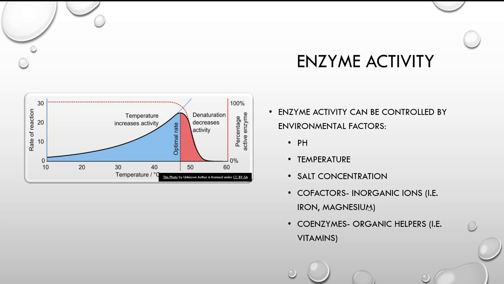An example of a cofactor is something like zinc. In order for an enzyme called DNA polymerase to work, which is something that helps build DNA molecules, it actually requires a little bit of zinc, that ion, to help.